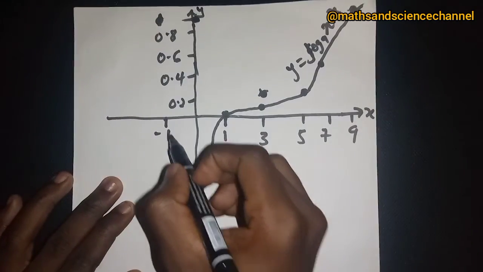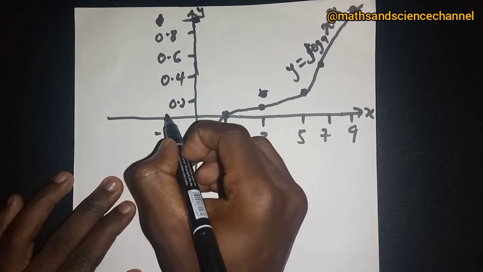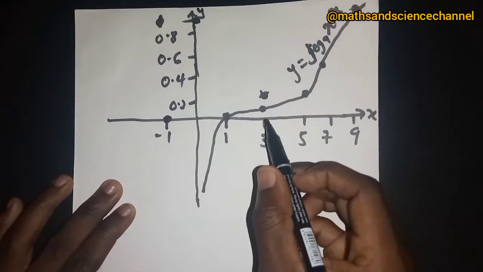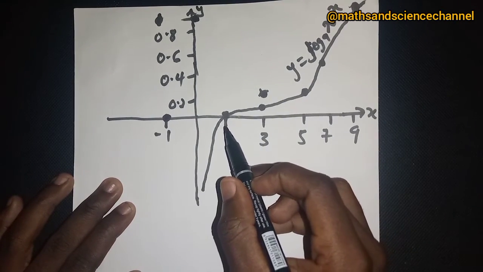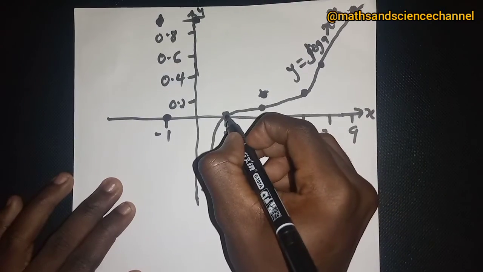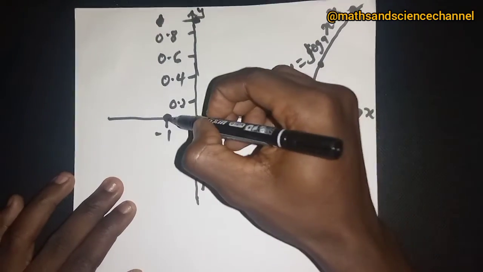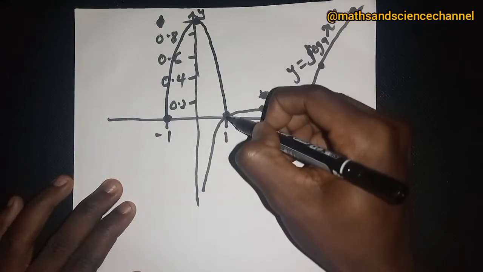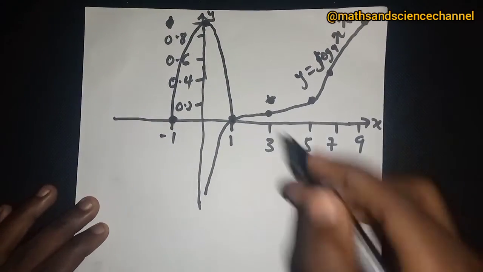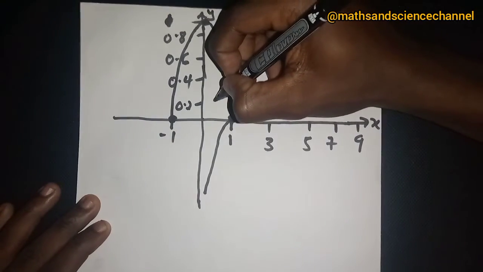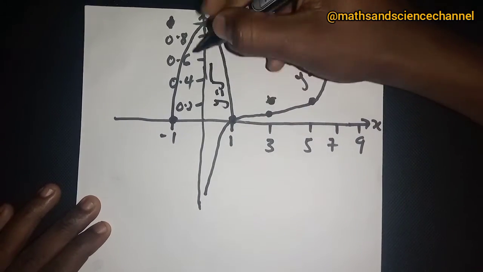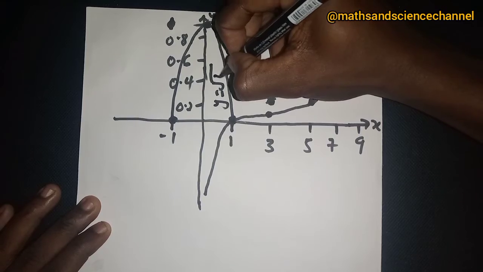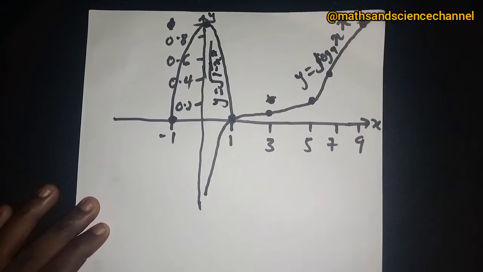When x is negative 1, y is 0, so we have it here. And when x is 1, y is 0, which is still here. So we have something like this here. This is when y is equal to the square root of 1 minus x squared.